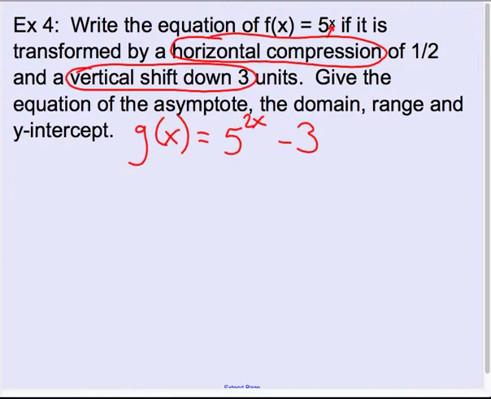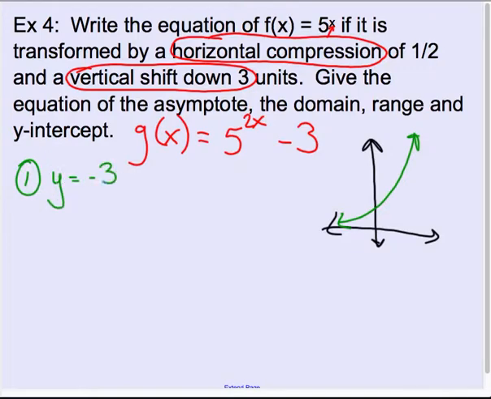And we're going to get all of that data that we've gotten for our other ones. So the equation of the asymptote, remember with an exponential, it looks something like this. The equation of the asymptote for the parent function would be y equals 0, but when we shifted it down 3, that changed the equation of the asymptote.